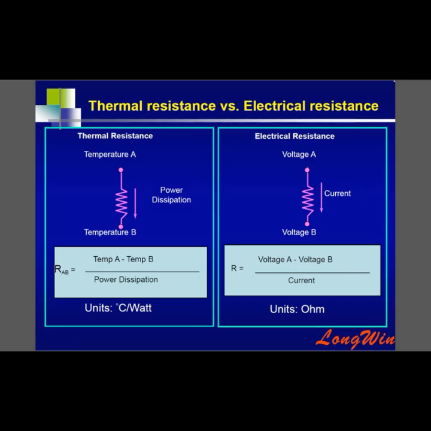So actually, when we are analyzing a complicated thermal dissipation system, we can also consider it as in serial or in parallel correlation, and we can analyze the heat dissipation performance of each section.